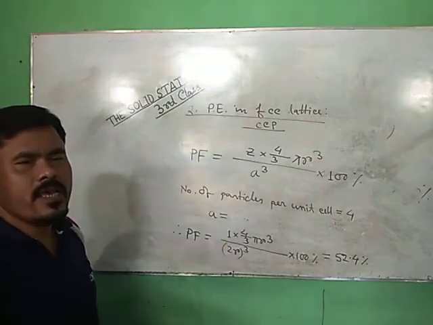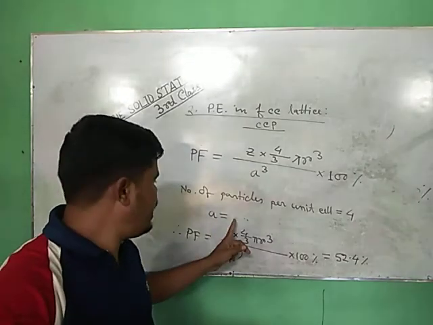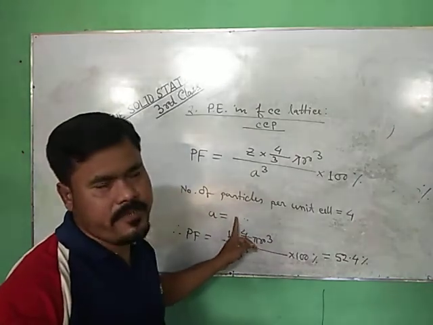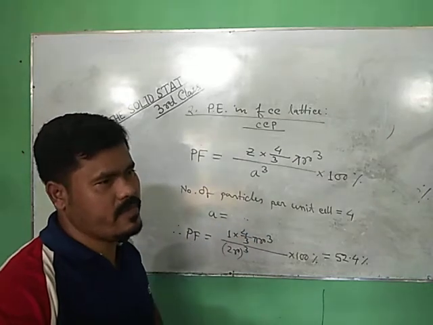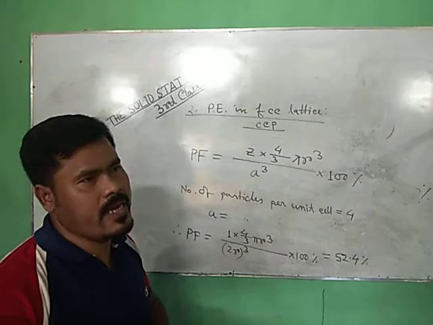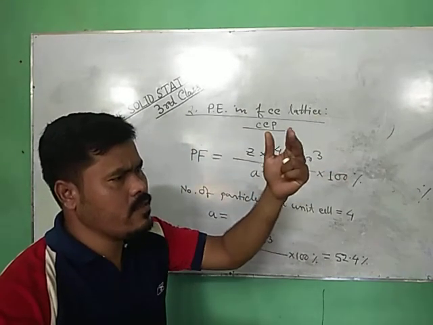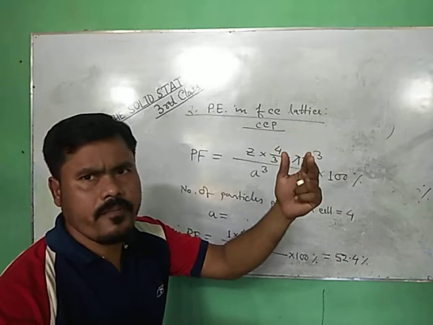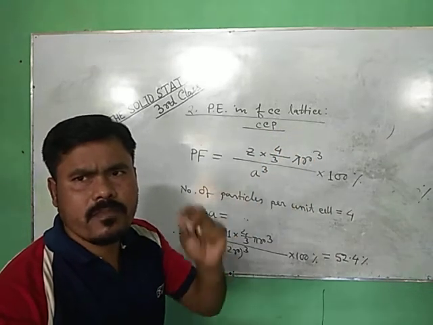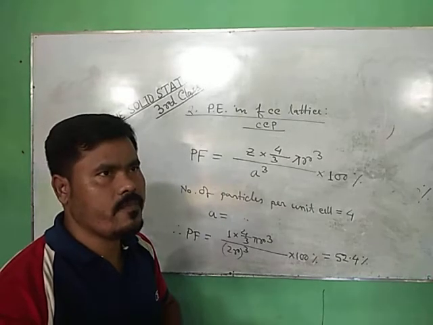Again, you have to remember this relation: the relation between edge length a and radius of spherical particle. In case of simple, it was a is equal to 2r. In case of FCC, the relation was a is equal to 2 root 2 r.